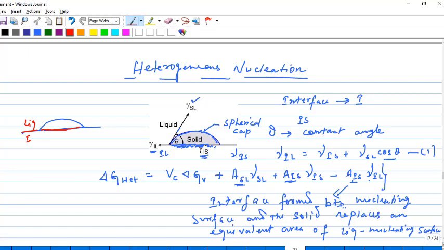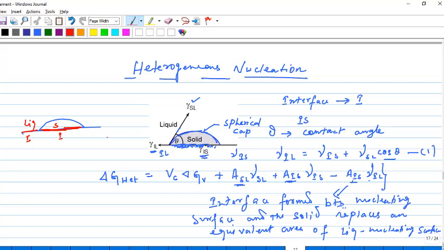So an equivalent area has been replaced when this interface forms, right? An equivalent area is replaced by formation of this interface between the solid and the heterogeneous surface.